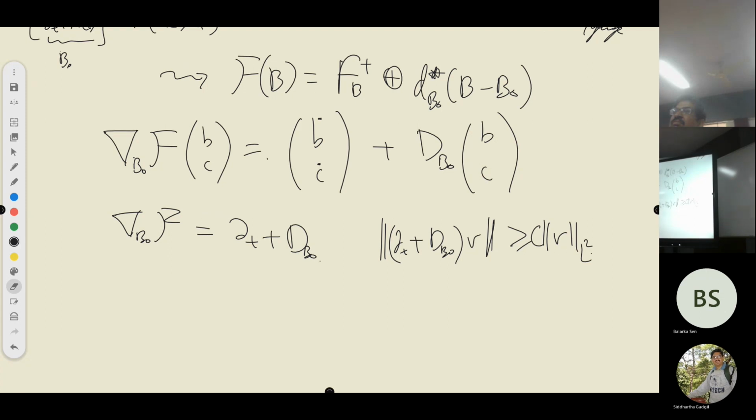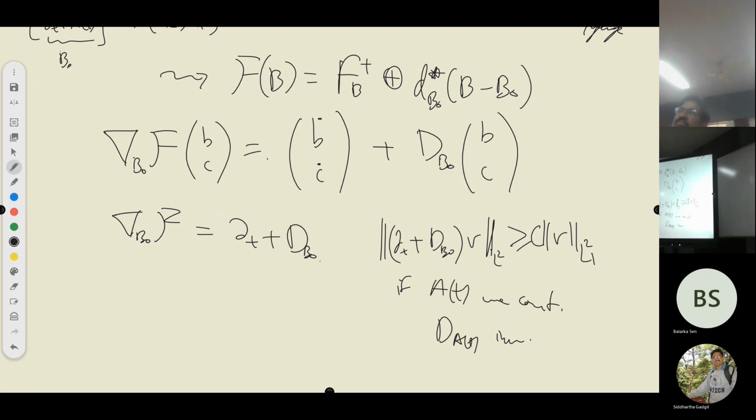Okay, the statement that I want to say is the following: if A of t were constant and d A of t were invertible, then indeed the L2 norm of this is controlled by the L2 norm of V itself.